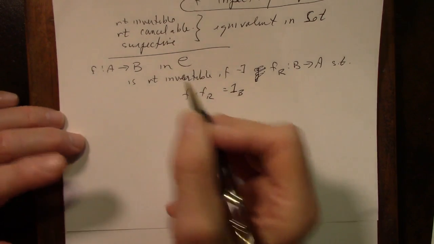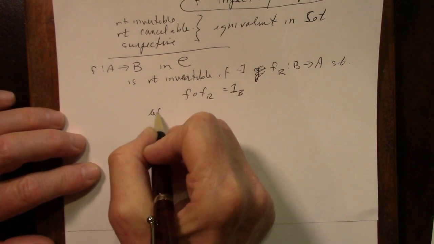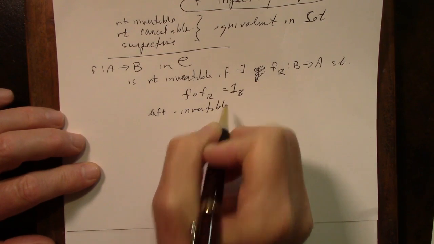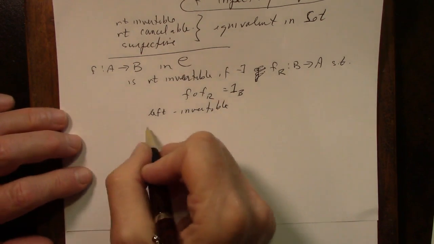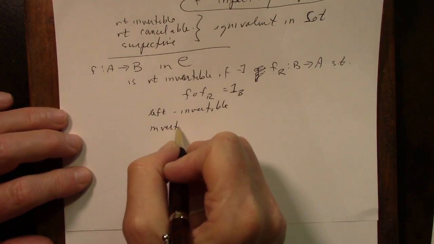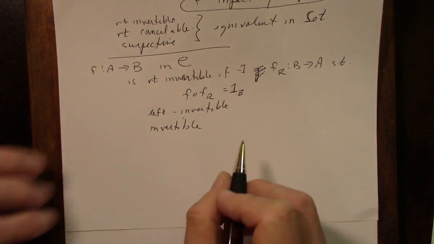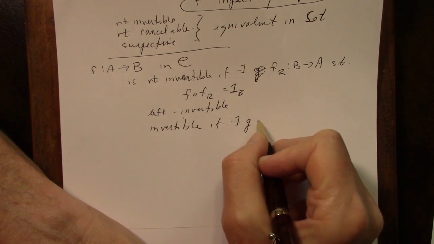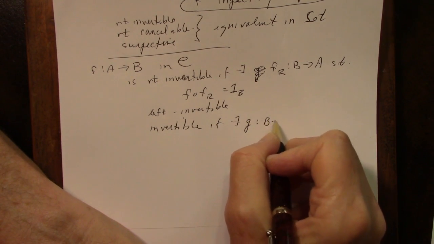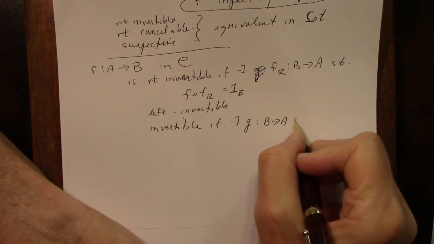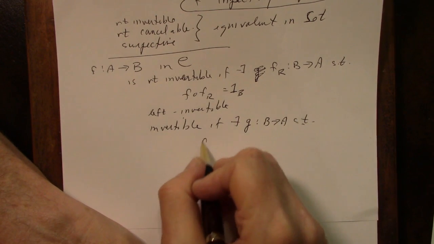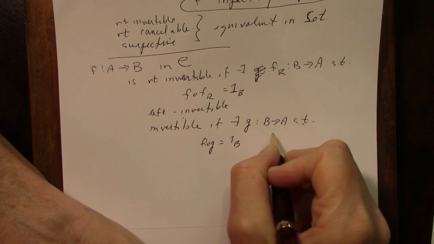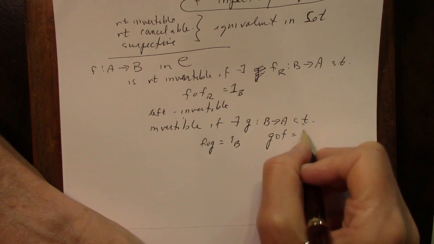Left invertible, of course, would be quite similar, and I'll leave that for you. And then just plain invertible, if there exists a G mapping B to A such that F circle G is 1B and G circle F is 1A.